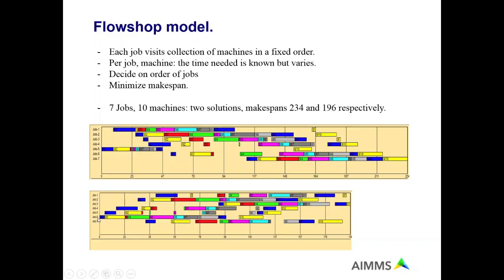If on the other hand you start with job 6, then 5, etc., then you get a solution which takes only 196 time slots. So it's really worthwhile, for this instance at least, to check on the order of the jobs in order to minimize the time needed to finish all jobs, the so-called makespan.